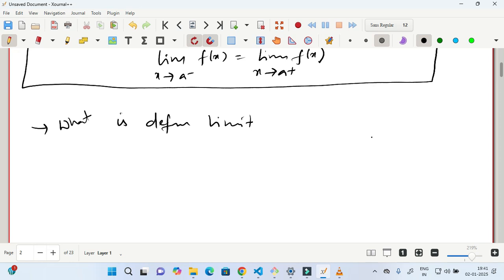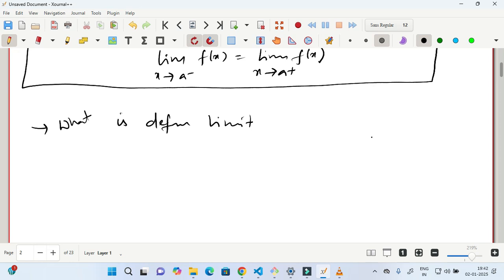If x is approaching a, then f of x should approach some meaningful value L. In that case, we can say the limiting point is L. That is the basic definition of a limit. You need not remember the mathematical definition, but if you are very interested, then you can always do it. For normal understanding, limiting value is the functional value: if x is approaching some number, then f of x is approaching another number, and that should be meaningful.